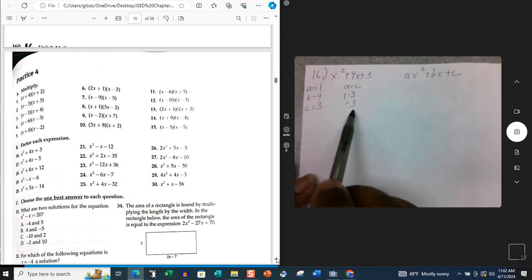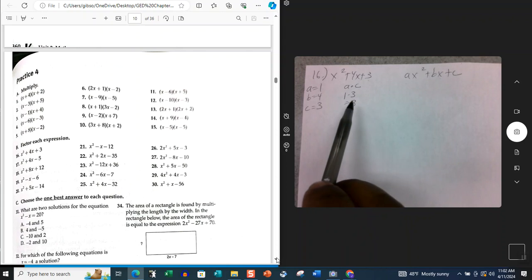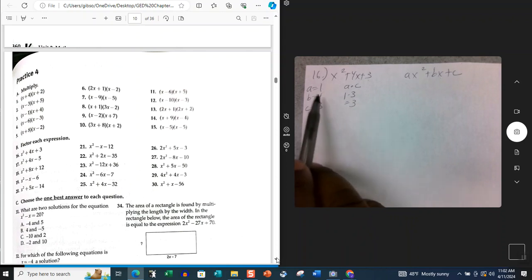Now, once you multiply your a times c, there's two things you need to know. One, what are two factors that multiply together to give us what a times c gives us, but then added together will give us what b is equal to?